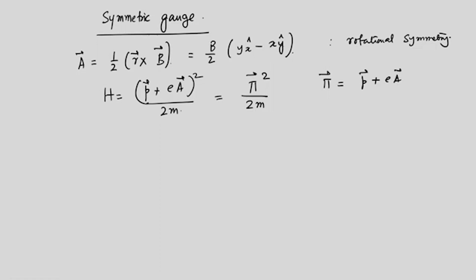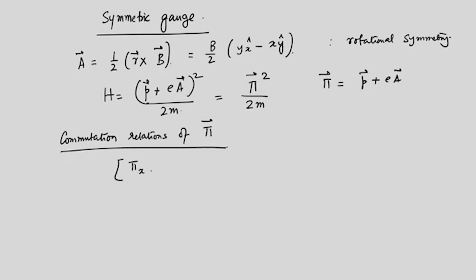So, pi is the new momentum, and it obeys commutation relations. So, let us write the commutation relations of the pi. One can check easily that pi x and pi y have a relation which is i h cross squared divided by L b squared.